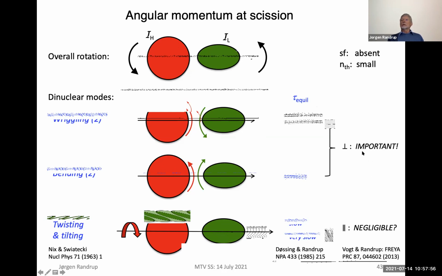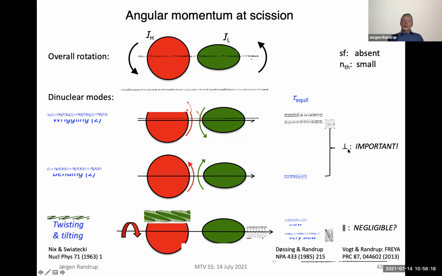This is what we have assumed in our FIRE code, that the angular momenta are these perpendicular ones, for this reason. So it deviates from the overall statistical model by sort of ignoring these.